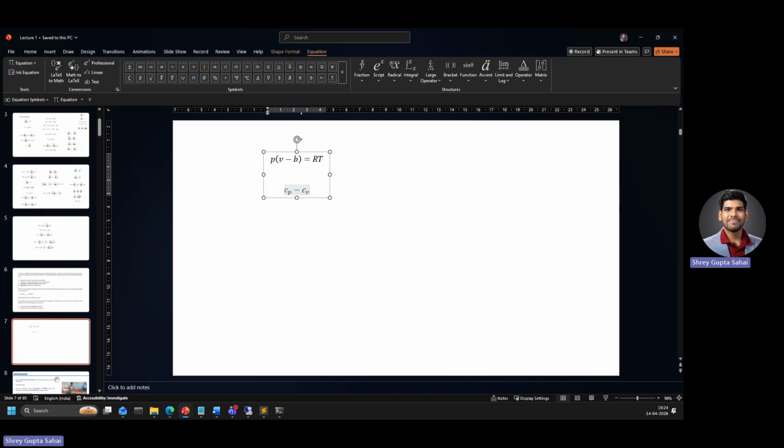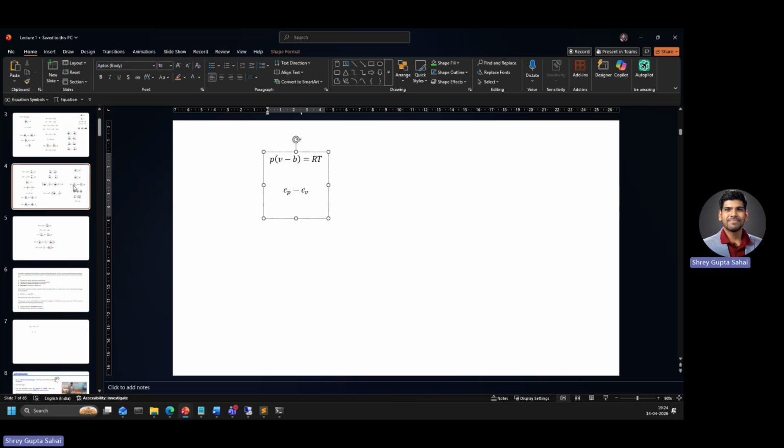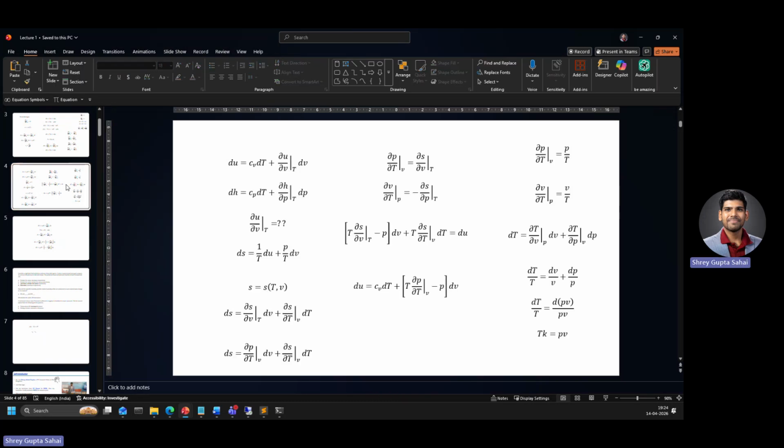I think whatever we did just now might be useful here. This is definitely not an ideal gas. So you are going to use two equations.